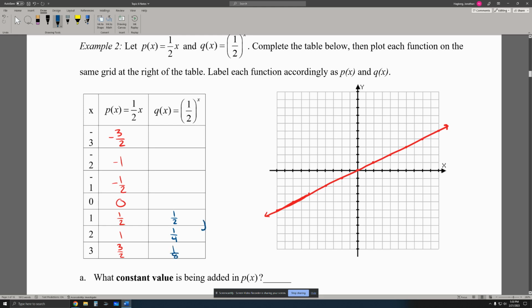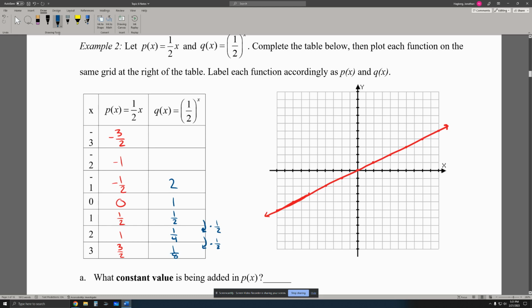So it follows that as we move down the table, we are multiplying our function outputs by 1/2. Therefore, as we are moving up the table, we would expect to follow the inverse operation, or multiplying by 2, or dividing by 1/2. So then q of 0 is equal to 1. And then q of -1, we have 1/2 to the negative first power, would be equal to 2.